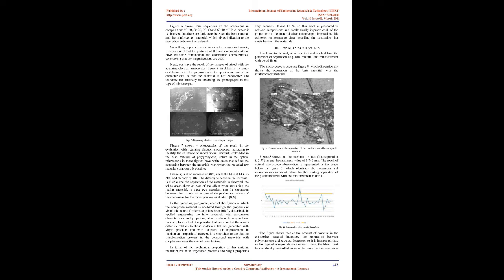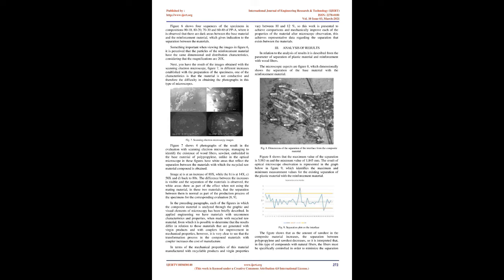In terms of mechanical properties, the material manufactured with recyclable products and virgin products varies between 10 and 12%, so this work is presented to achieve comparisons and mechanically improve each of the properties of the material after microscope observation. This achieves representative data regarding the separation that exists between the materials.